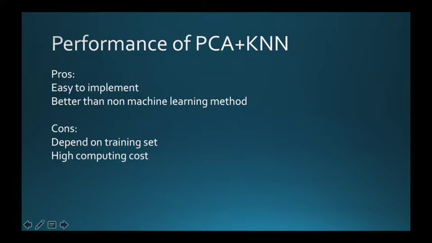But the problem of KNN is that the performance is highly dependent on the training set. We have to choose samples from each class evenly to ensure the accuracy, and computing distance between every 2 samples will cost much.